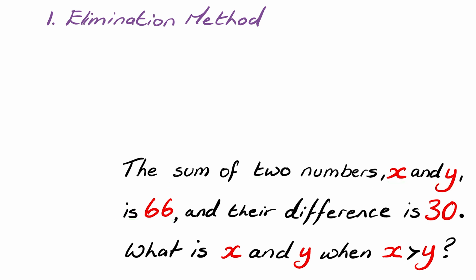So let's form an equation from that. And we have x plus y equals 66. The next equation was where we had the difference of those two values being 30, and we were told that x is the greater value, so we have x minus y equaling 30.